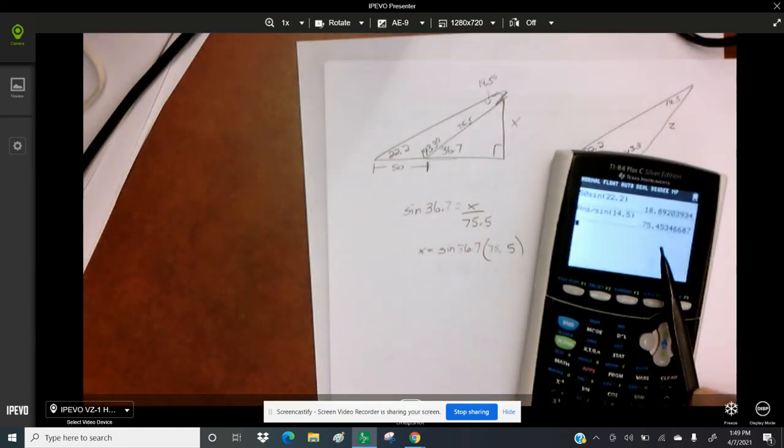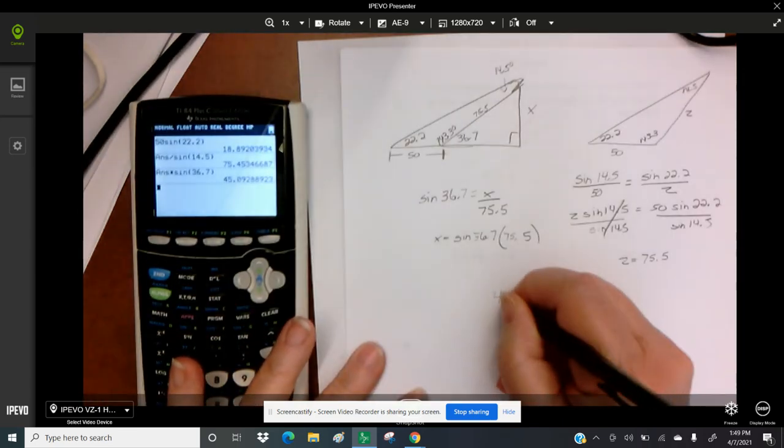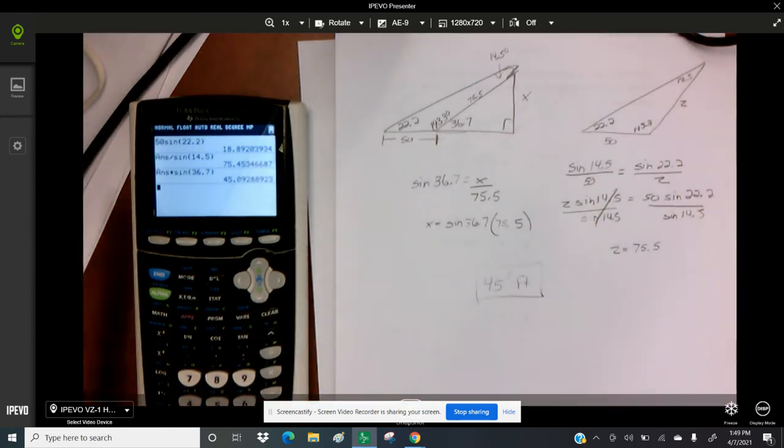Now, once again, I already have that 75.5 number in my calculator, so I'm going to keep all these decimals and just multiply it by the sine of 36.7, and I get my tree is 45 feet tall. So either way, whichever one you think is easier for you, either way will work.